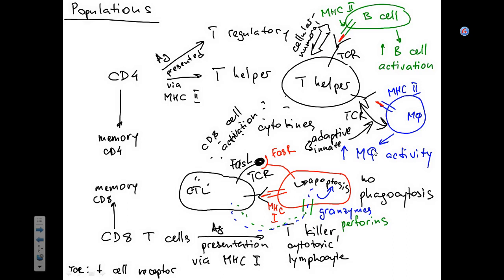Okay. The last thing to say is about these little outcasts, the T regulatory cells. What do they do? They regulate. You'd be surprised. Essentially, they dampen the immune response. Why do you need to dampen the immune response?